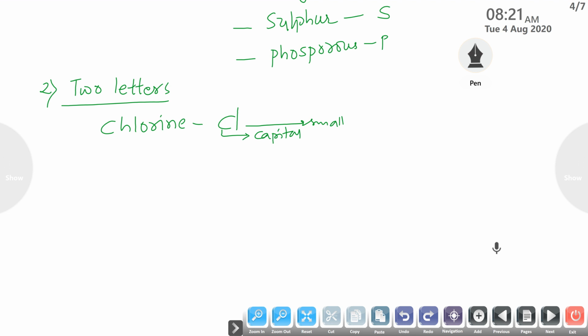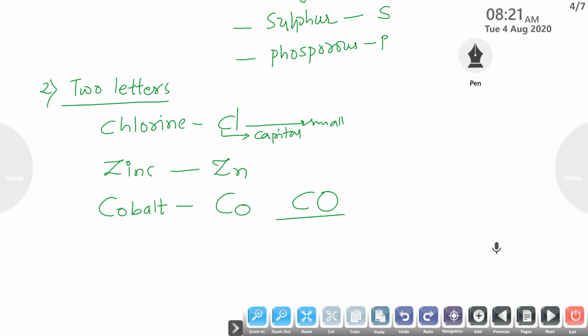Then we will move towards some of the other examples here. Zinc. Just observe here, Zn is for zinc. Next, cobalt, capital C, small o. If you write it like CO, it becomes carbon monoxide.